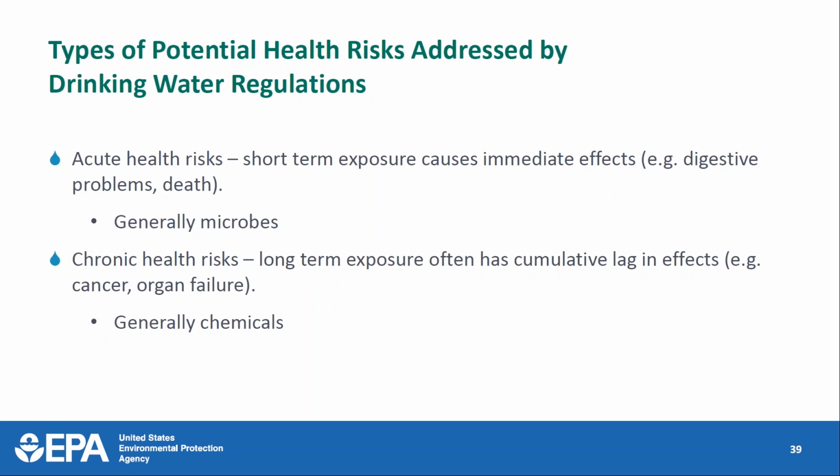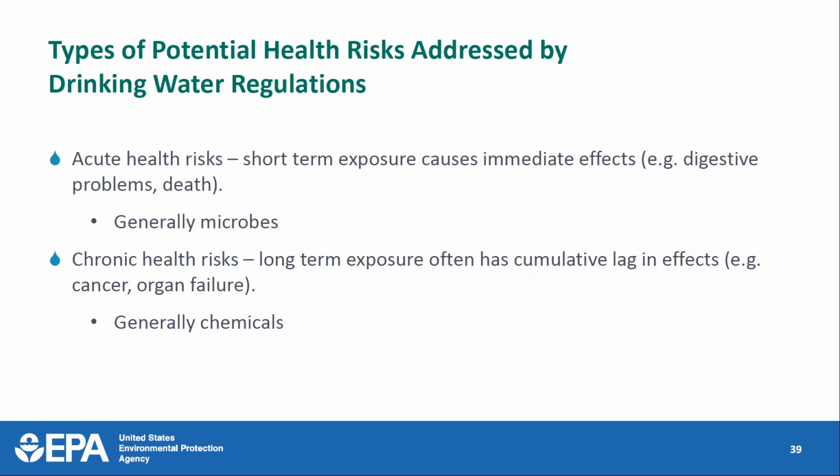So what can happen if your drinking water is contaminated? You can have two main types of outcomes. The first one could be a short-term exposure. Generally, microbes in your water will cause something like diarrhea or nausea or other short-term effects.